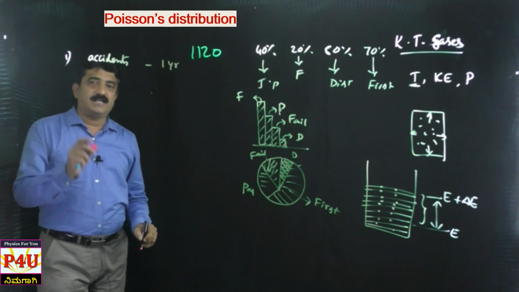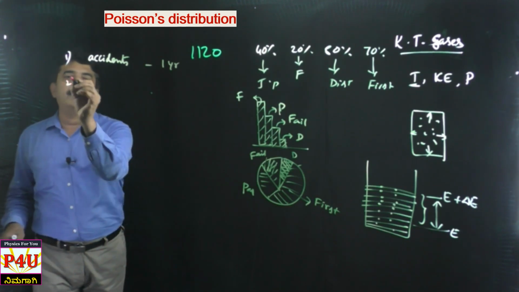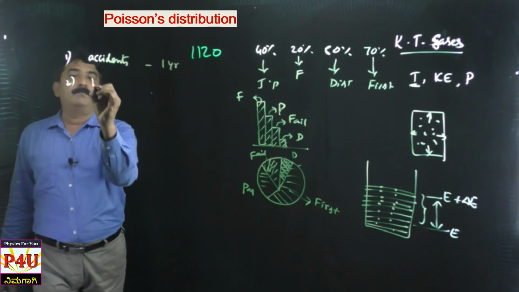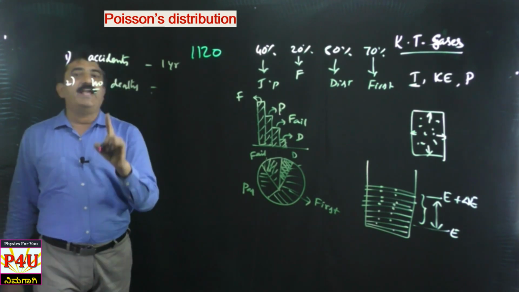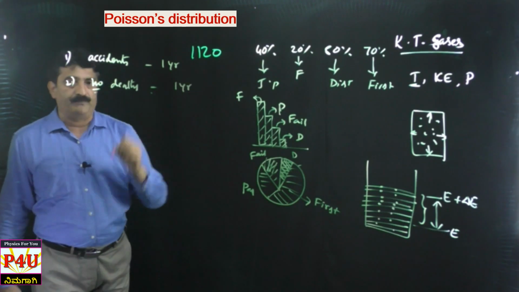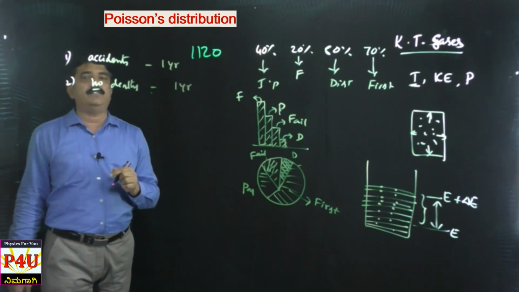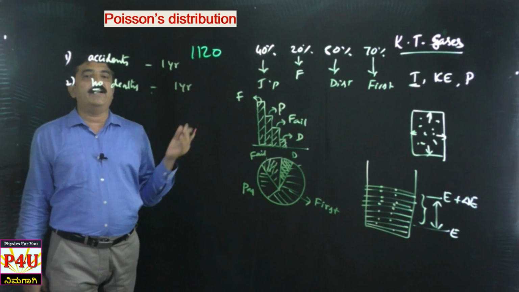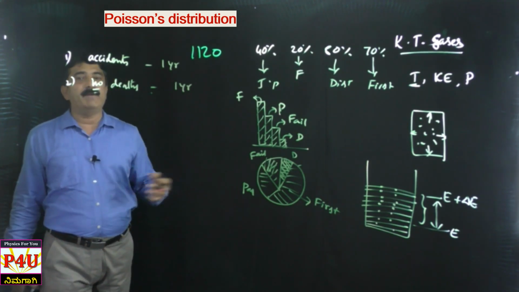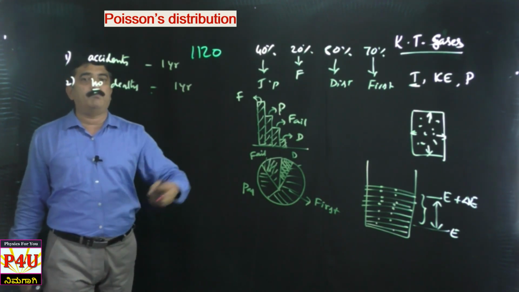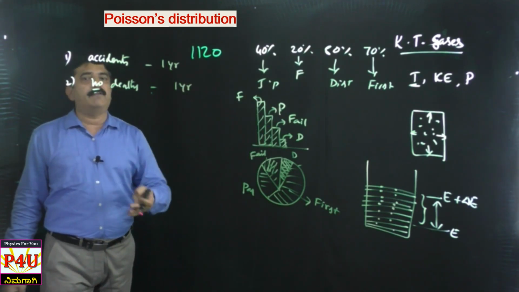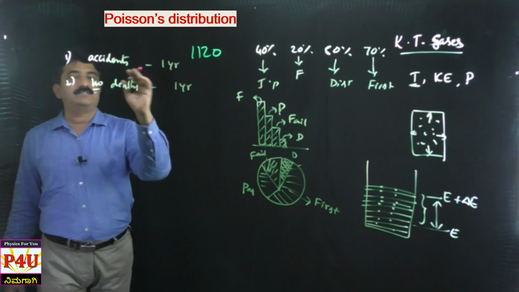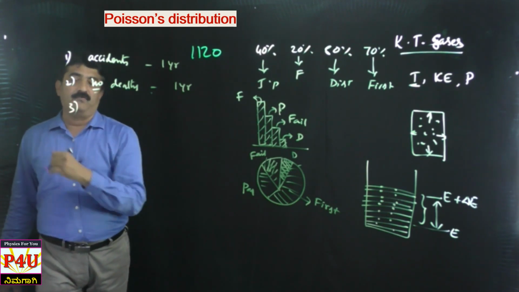Second example, number of deaths happening in a flooded area every 1 year. So during rainy season it is a common thing. Heavy floods will take many lives and push their family into tragedy. So this is nowadays happening very frequently. Number of deaths in 1 year, flooded area, of course.